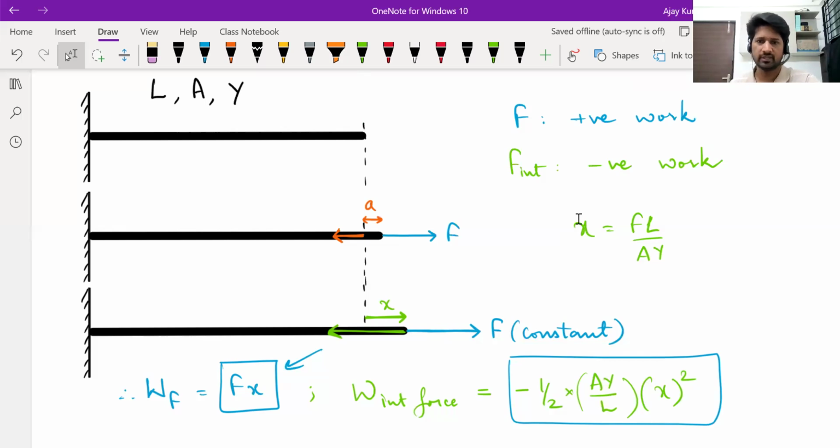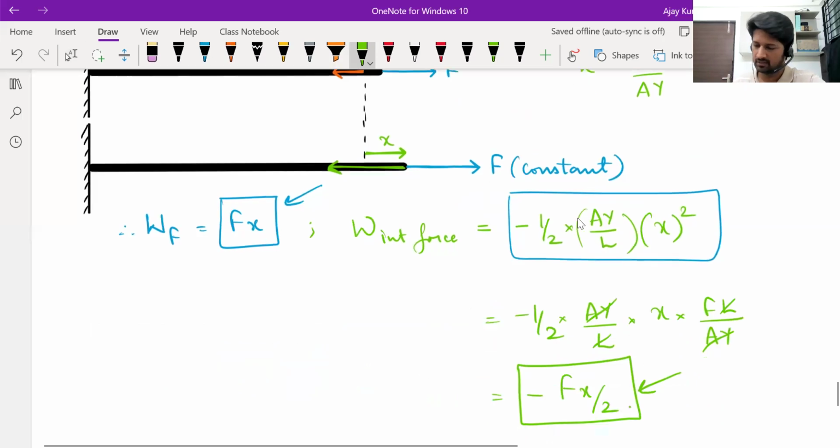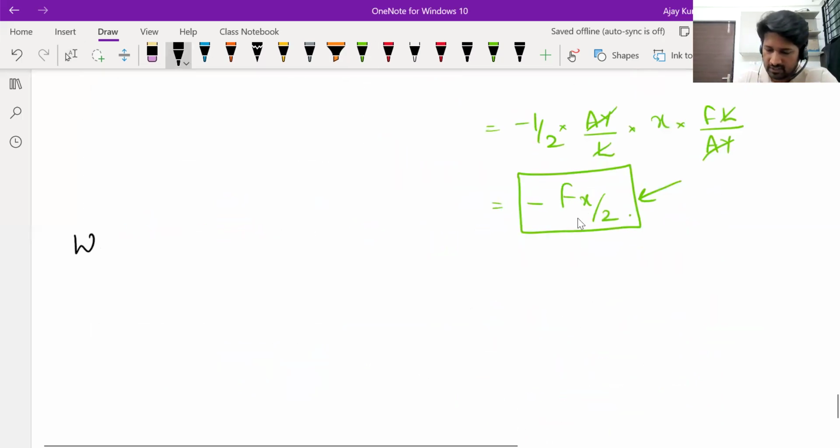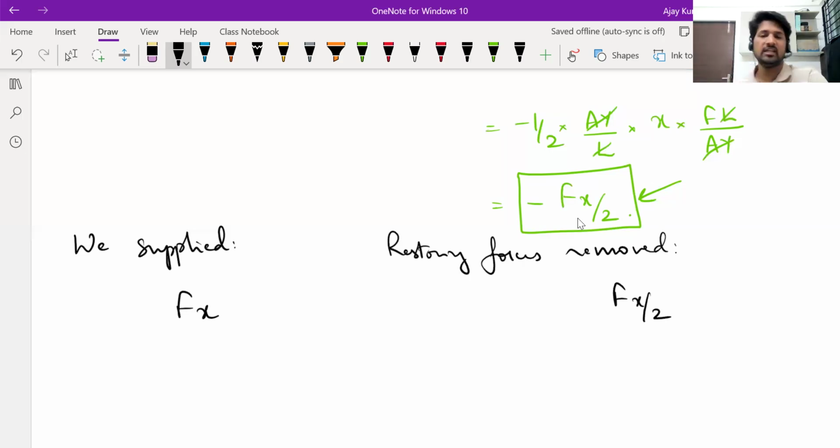So restoring force was a variable force and it only did a work of minus Fx by 2. So we supplied an energy of Fx. Restoring forces removed how much energy? Fx by 2. Where is the remaining energy going?